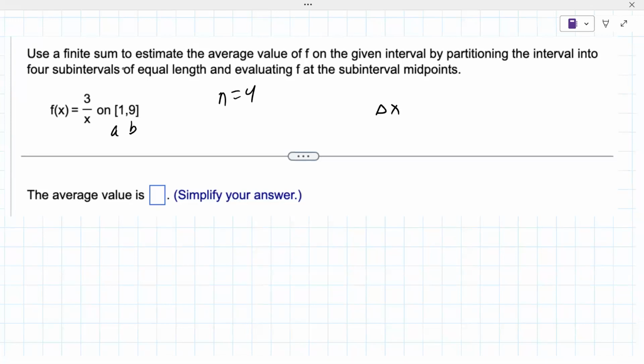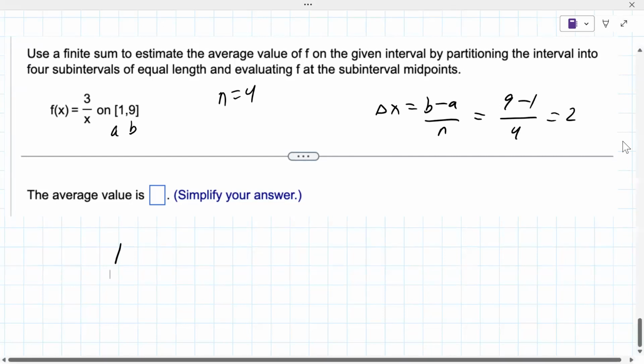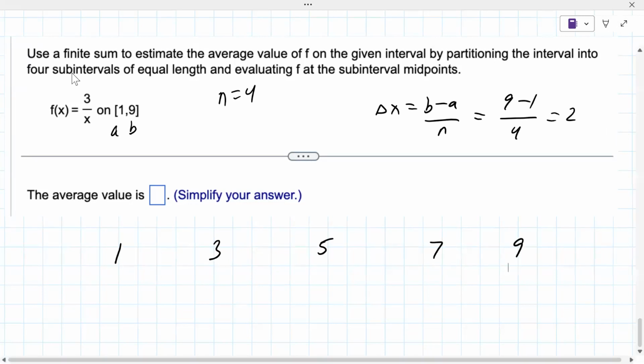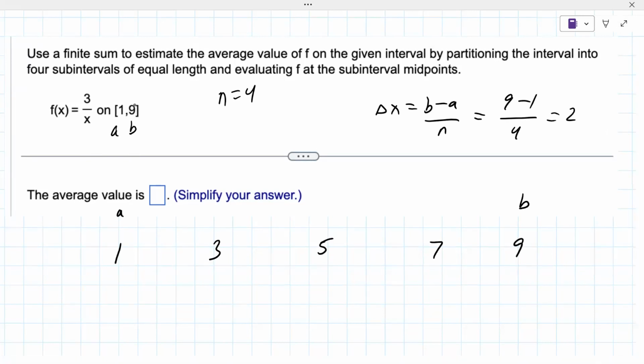Your delta x is b minus a over n, 9 minus 1 over 4, which is 2. I always suggest starting at the leftmost endpoint and then adding the delta x to it. So that's 3, then 5, then 7, and 9. You stop when you get to the rightmost endpoint, b. Because you want the midpoint, you're going to use 2, 4, 6, and 8.